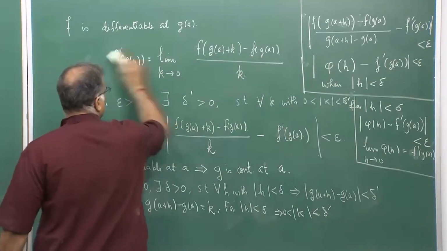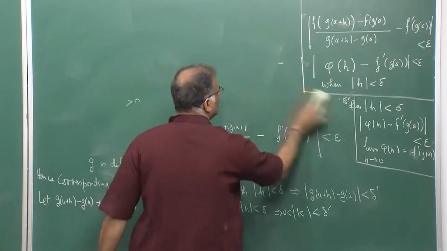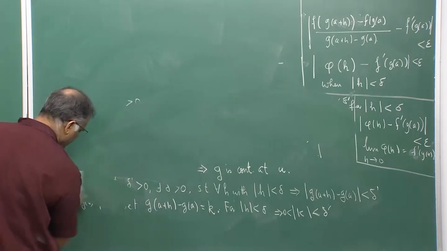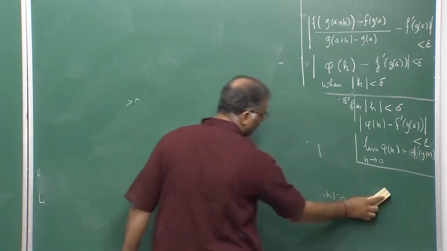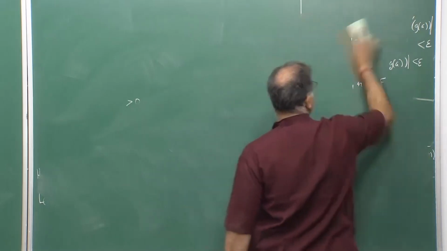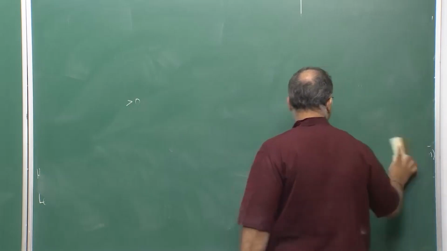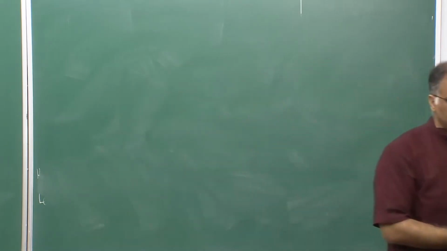So now I will finish the rest of the proof, which is not difficult, and hence our discussion on rules for differentiation. This is one of the most important rules of calculus, and many people do not understand very clearly how to handle it.